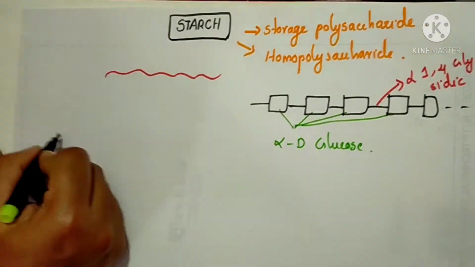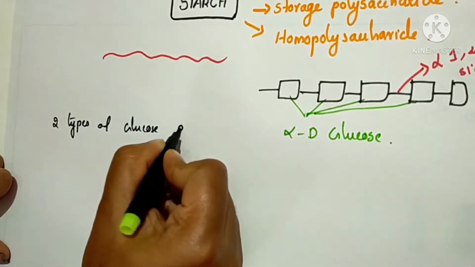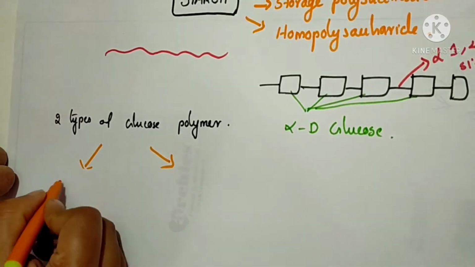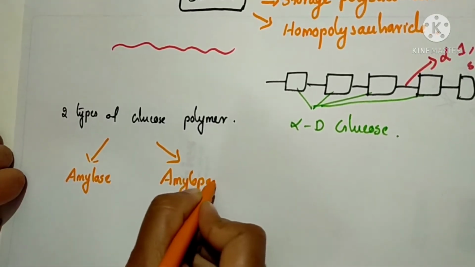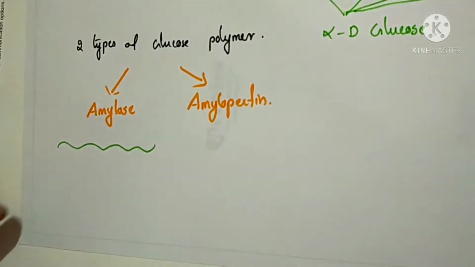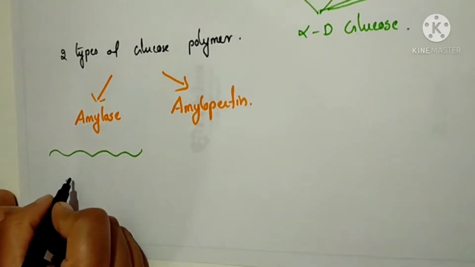Starch is mainly made up of two types of glucose polymers: amylose and amylopectin. Amylose is a linear unbranched glucose polymer.